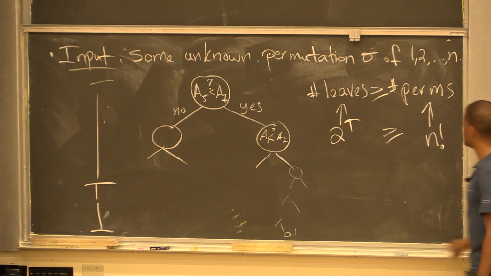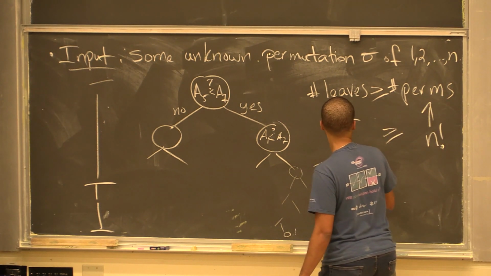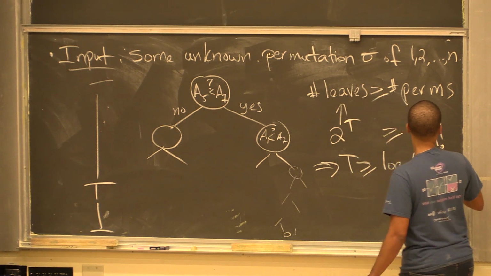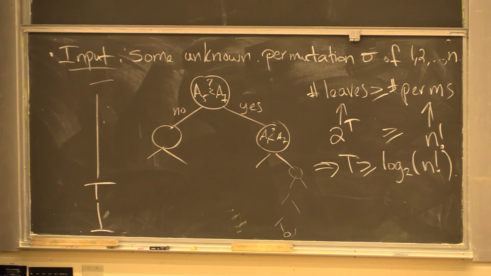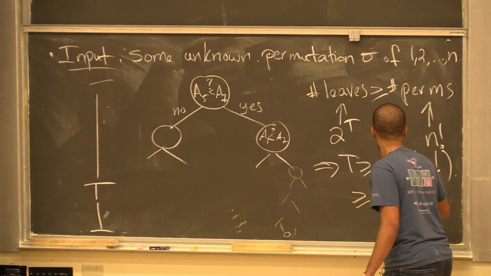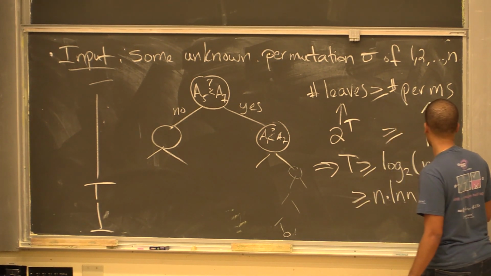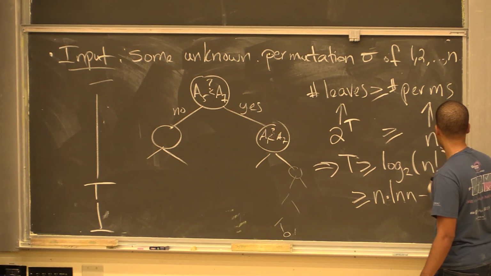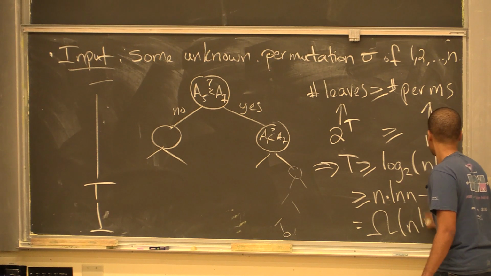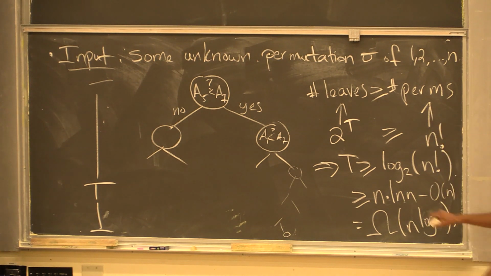Taking logs, t is at least log base 2 of n factorial. I think this was a problem on homework 1. This is at least n times the natural log of n, minus some smaller O of n terms. So in other words, this is omega of n log n.